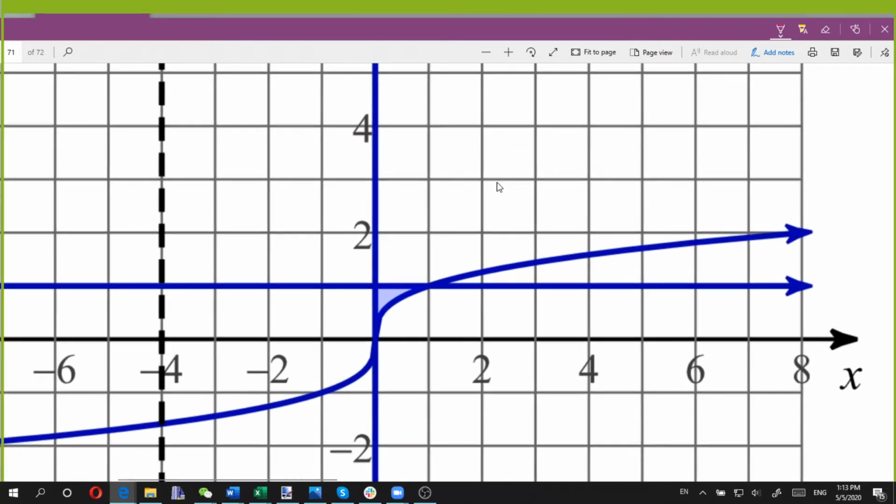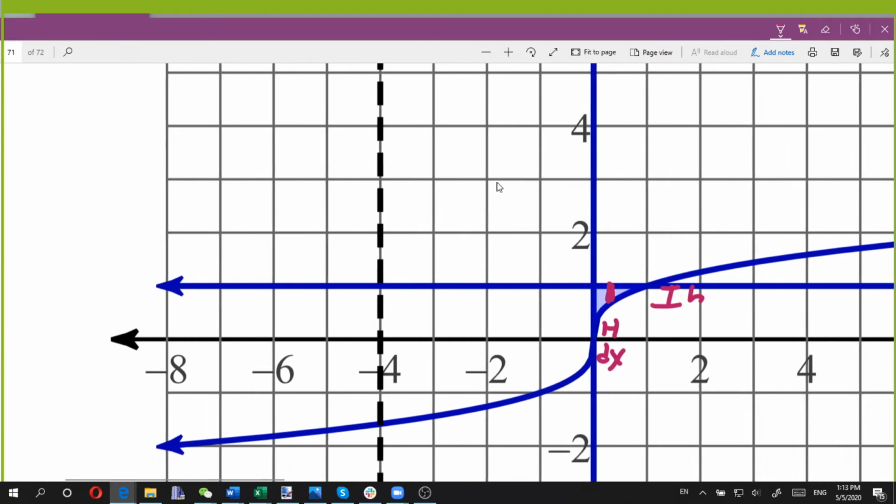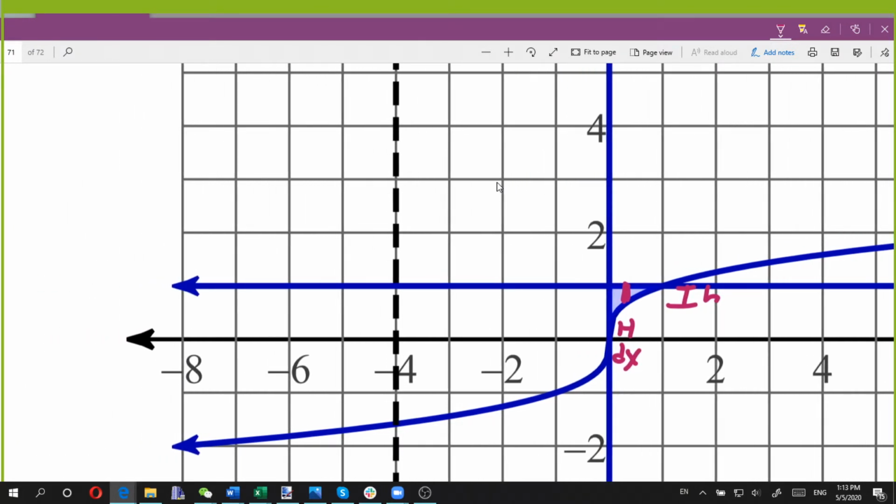So if we draw, I'm going to make a line here so that we have our height and an infinitely small dx. And we're going to spin that around our axis of rotation, somewhere out here.